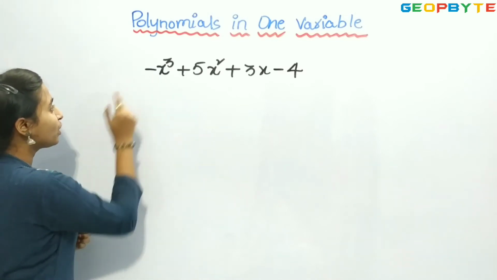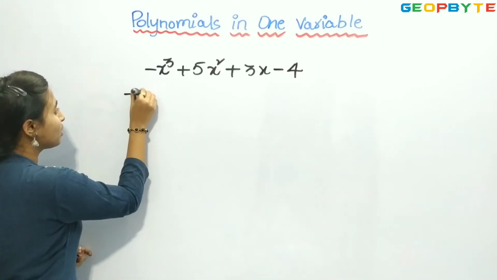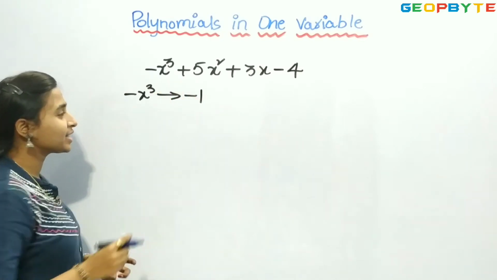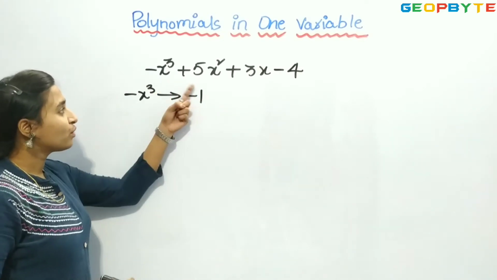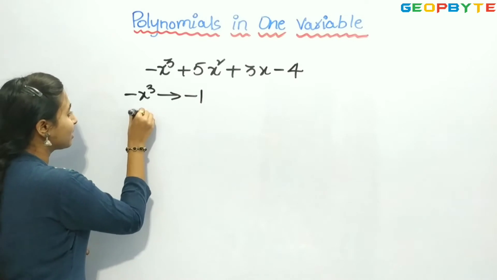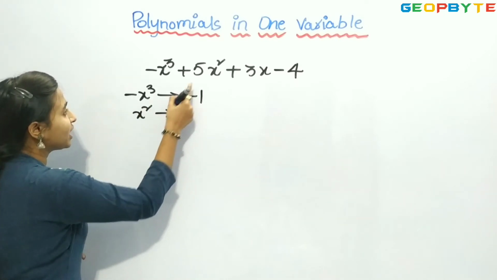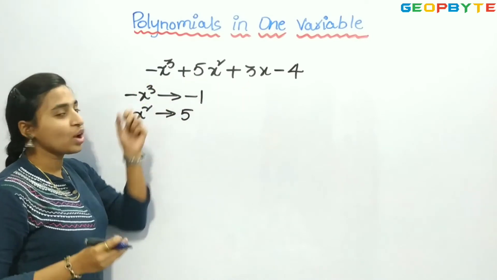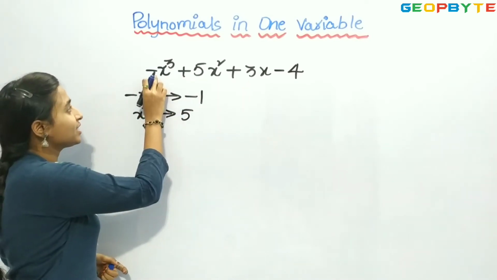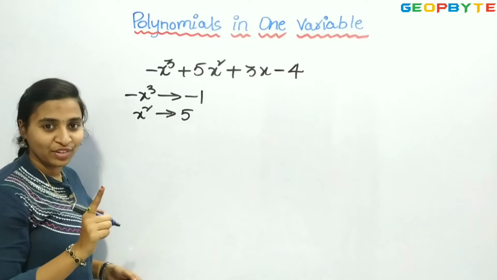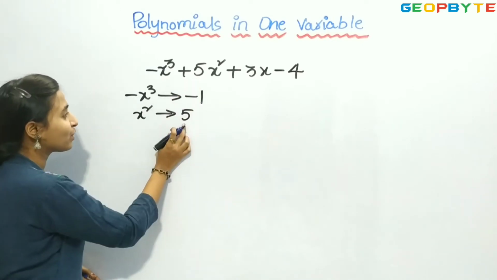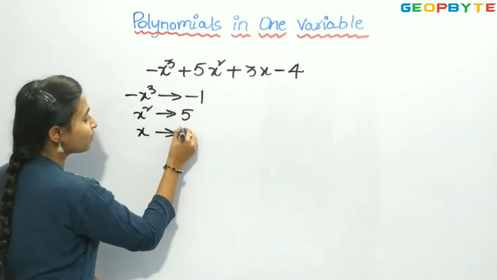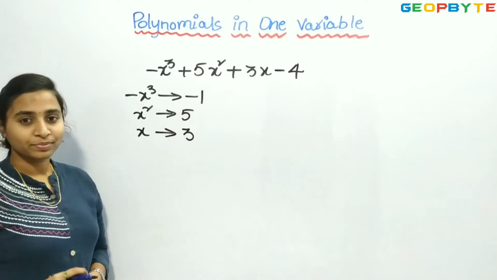For −x³ I have coefficient −1. And for x² I have coefficient 5. For x, nothing is there, which means it is 1.